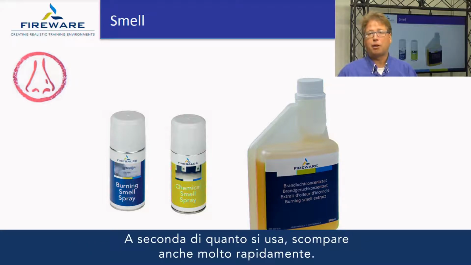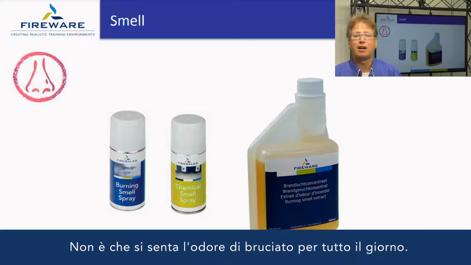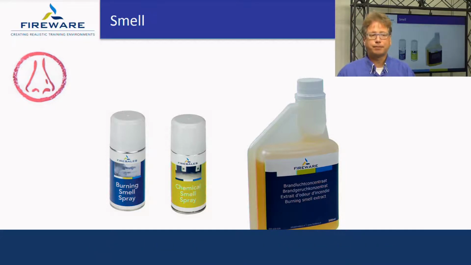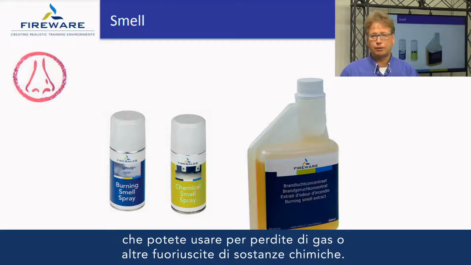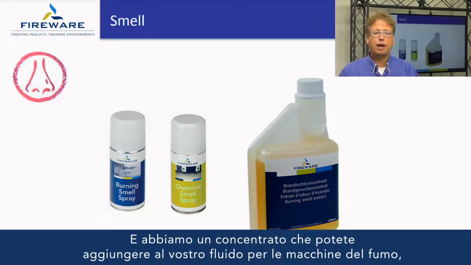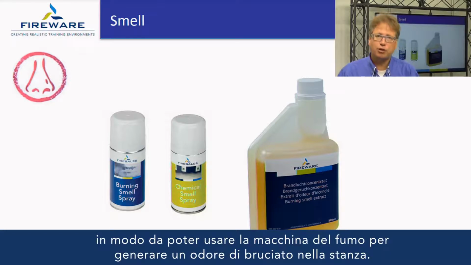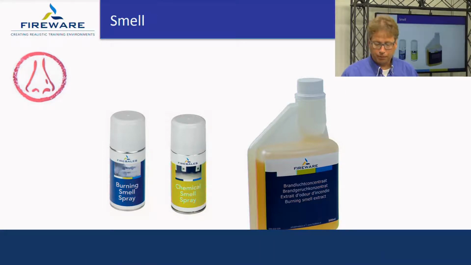Depending on how much you use, it also disappears very quickly, so people are not in the burning smell all day. We also have a chemical smell spray. You can use that for gas leaks or other chemical spills. And we have a concentrate that you can add to your smoke fluid so that you can use your smoke machine to bring a burning smell into the room.